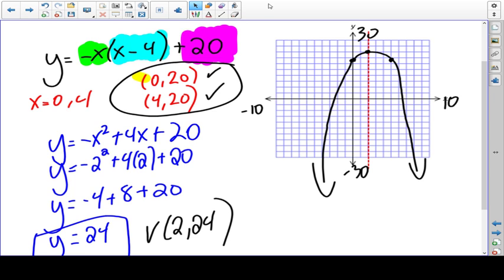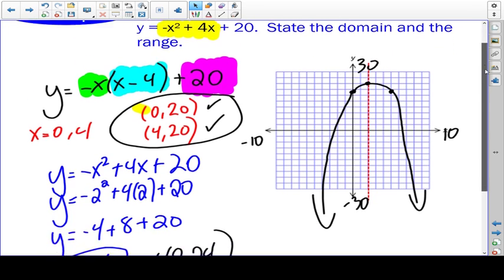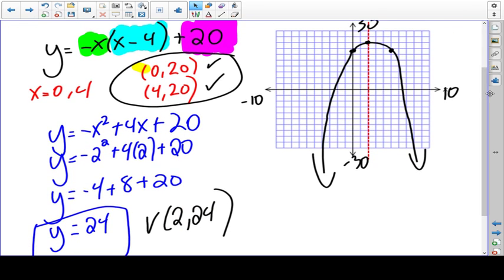Does it ask us anything about domain and range in this question? Yes, it does. So looking at the domain, what's the domain of this function? What's the domain of any quadratic function?